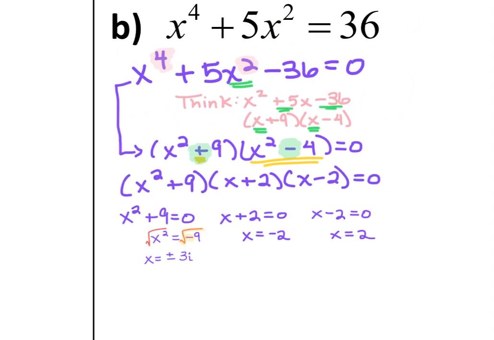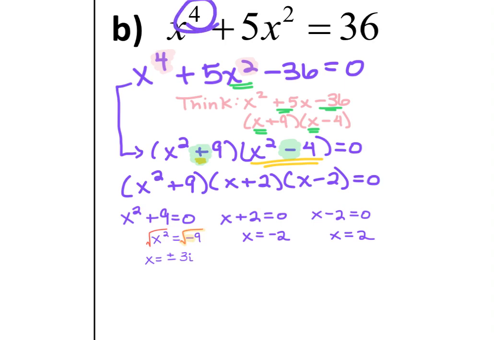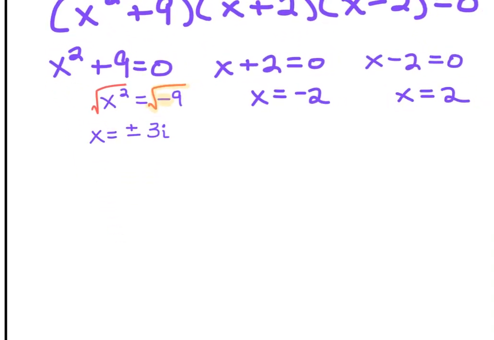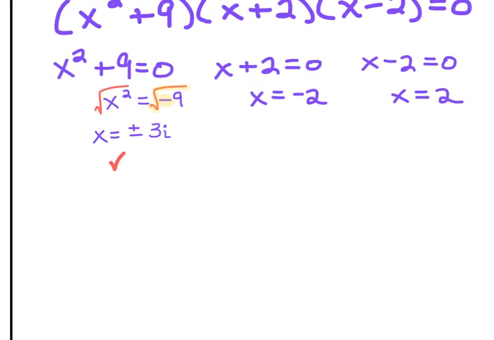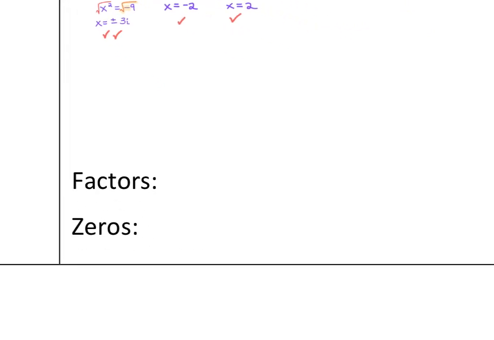And remember that you want to check the degree of the equation. In the original expression it is 4, and so you want to have 4 solutions. And so here I have plus 3i, minus 3i, negative 2, and positive 2. There's my 4 solutions.